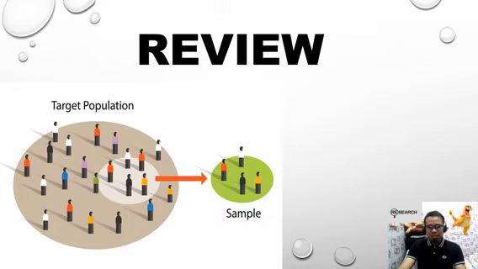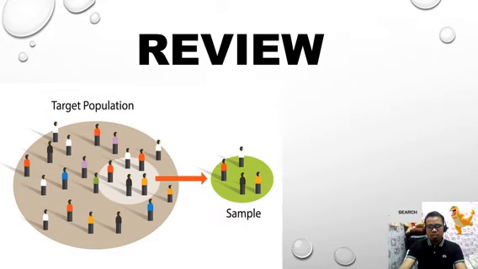Let us first review our previous lesson before we dig deeper into the discussion of this statistics calculator. In our third virtual class, you learned that the population is very large, and if the population is very large, it's very difficult for a researcher like us to conduct our study. So it is suggested that you get a sample out of the population to save time, money, effort, and energy.